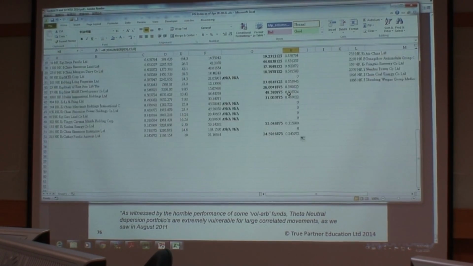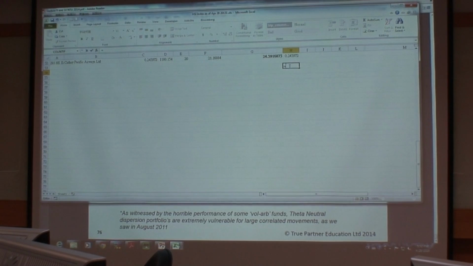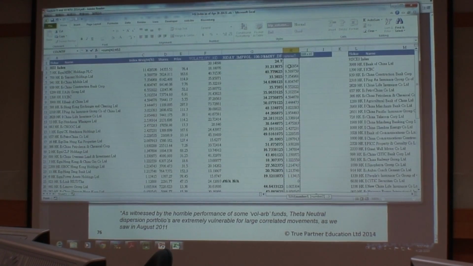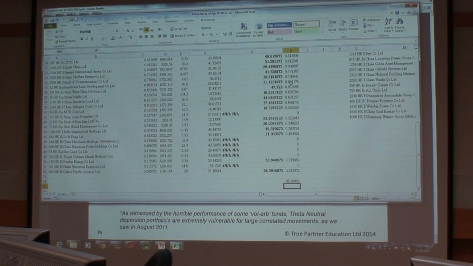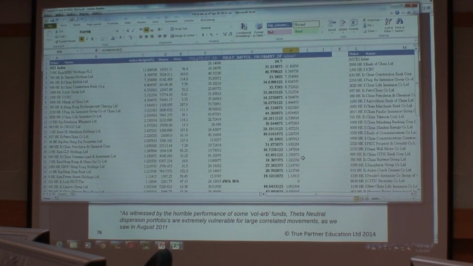So you see that the sum of the weights of stocks that have options is a bit shy of 100%.